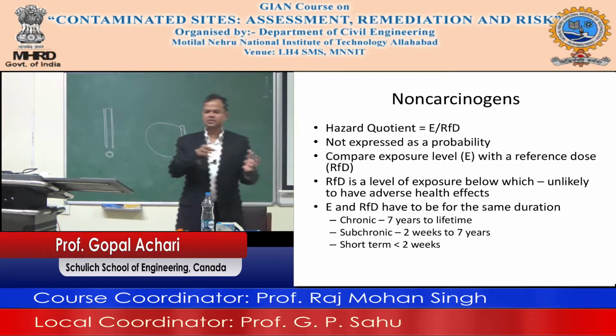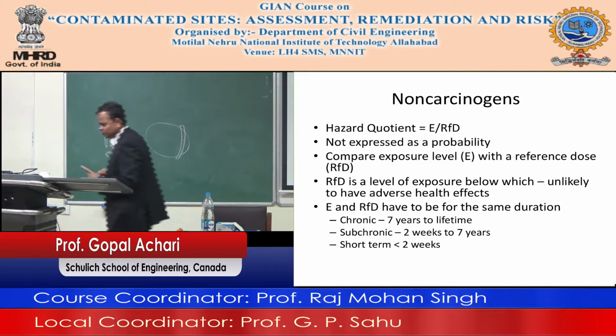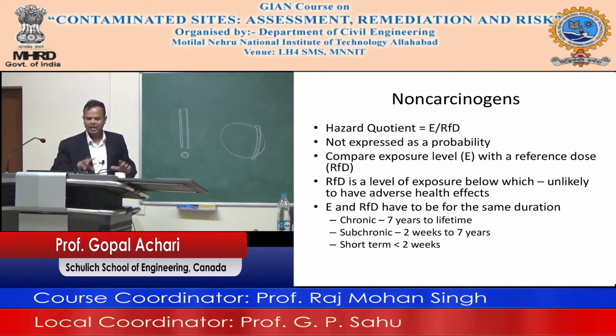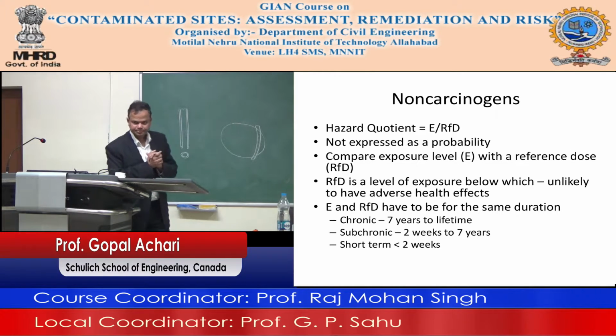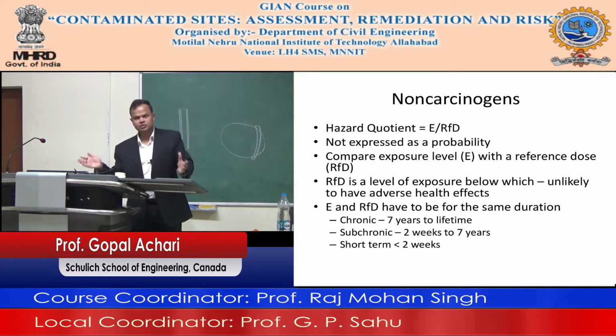In non-cancer materials, you have a threshold. Below the threshold, nothing is known to happen. That is the reference dose here. So in non-cancer, we use a hazard quotient: exposure divided by that reference dose. It is not expressed as a probability.